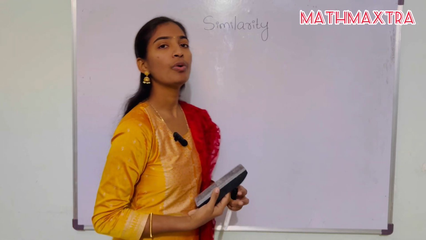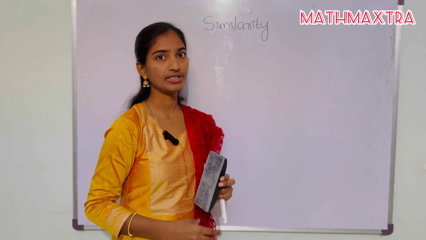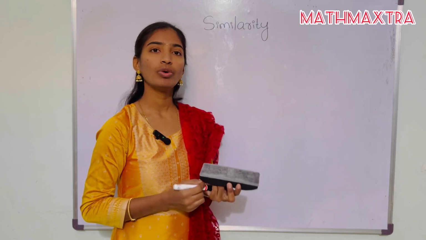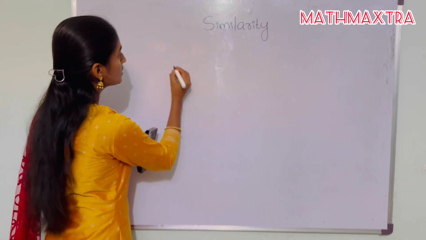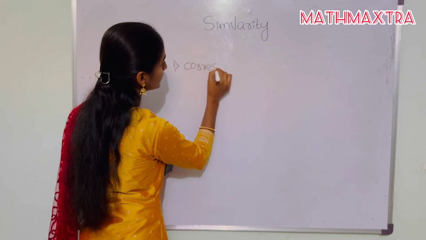When we say two polygons are similar to each other, we have two conditions in order to satisfy similarity between the two polygons. What are those? So the first one is corresponding angles are equal.